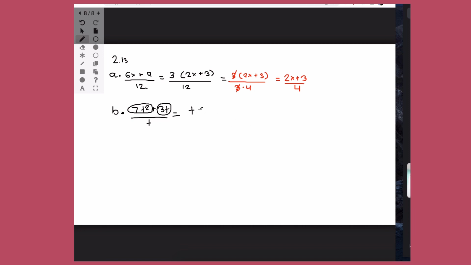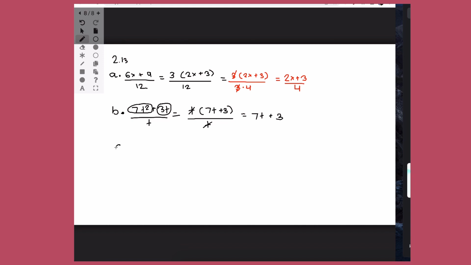And then once again, inside will be this. And we have t on the bottom. So the two t's cancel out. And you're left with 7t plus 3.